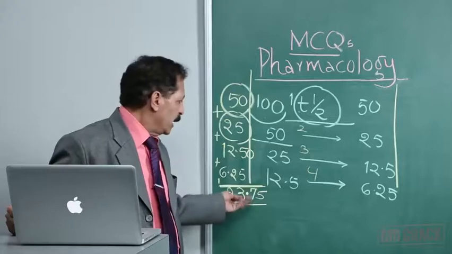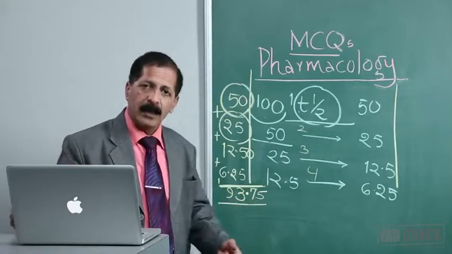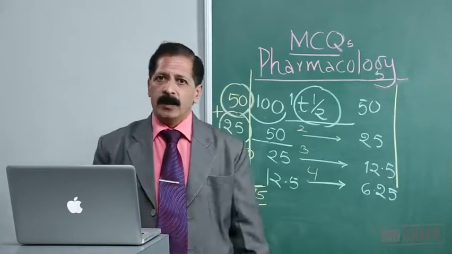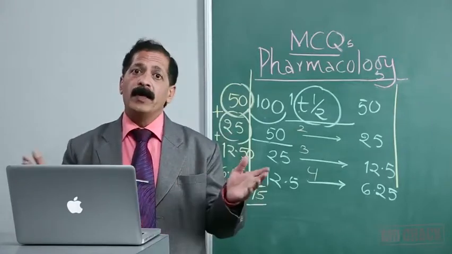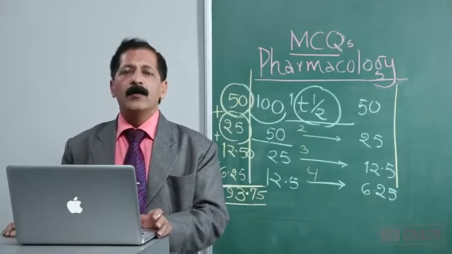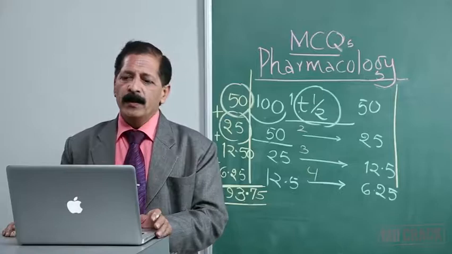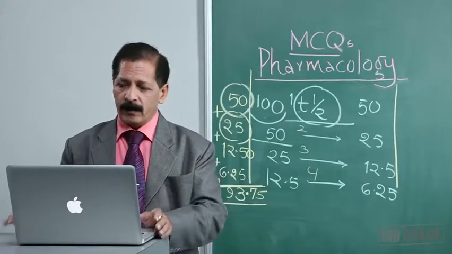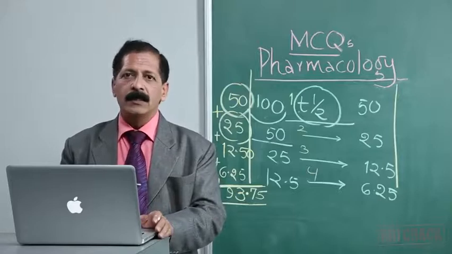And when 93.75% is out of the body, it's almost complete elimination. So we are using a nice phrase, near complete elimination. It's not complete, but it's near complete. So near complete elimination of a drug occurs at the end of 4 half times. So 4 half times is the answer.